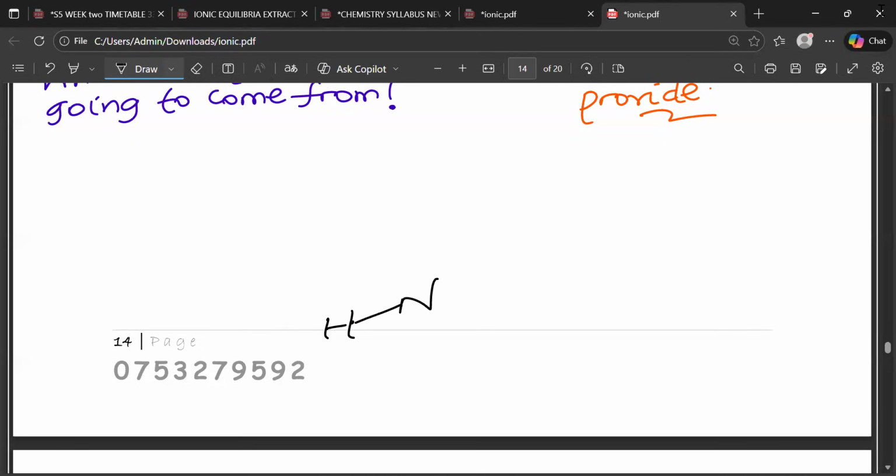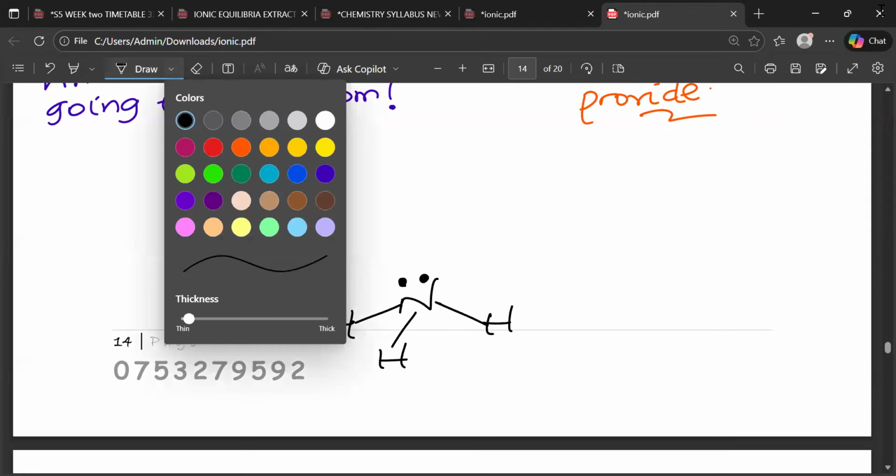You all know this bond in the middle shouldn't be straight. You know that is the trigonal pyramidal. And nitrogen has a lone pair, isn't it? So this is the ammonia. That lone pair can attract a plus. That's why ammonia is a base, because it can accept a proton.